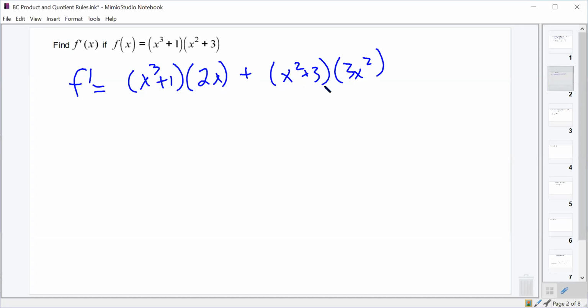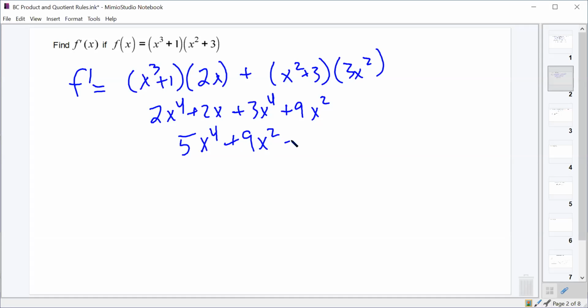But if you want to simplify it all out and make this 2x to the 4th plus 2x plus 3x to the 4th plus 9x squared and combine it together, that's good too. Either way you want to do it, it's fine with me. And if we distribute it out first and then take the derivative, we should get the exact same thing. Everybody good with that?